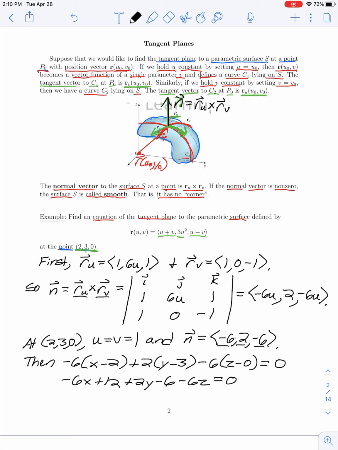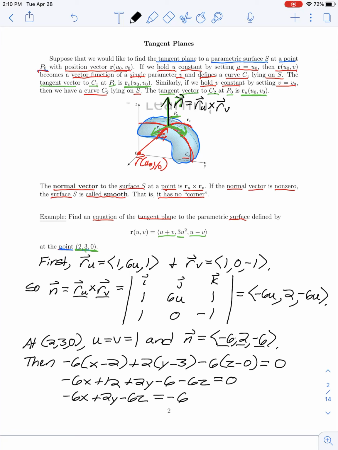has to equal 0. So rewriting this in standard form, we can leave all of our variables on one side. We have negative 6x plus 2y minus 6z. And then moving all of our constants to the other side, we had 12 minus 6 was positive 6, so subtracting it to the other side, we have a negative 6.